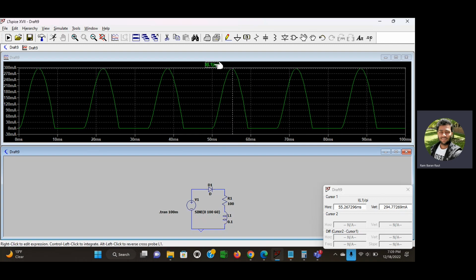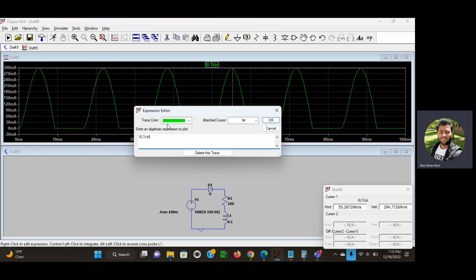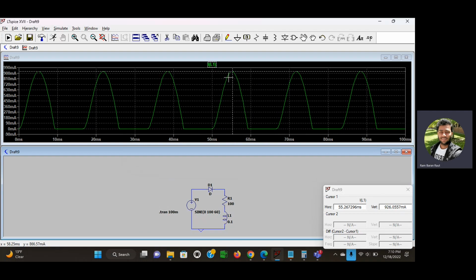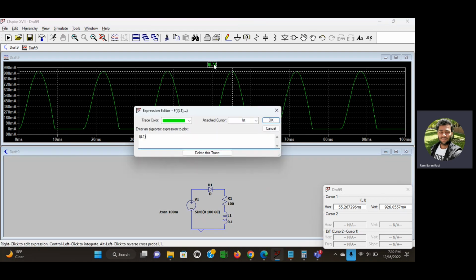When we delete the division by pi, we get the peak. Actually, when we run the circuit, we are supposed to get the peak current, not the average current. To get the average current, we need to divide the peak current by pi.